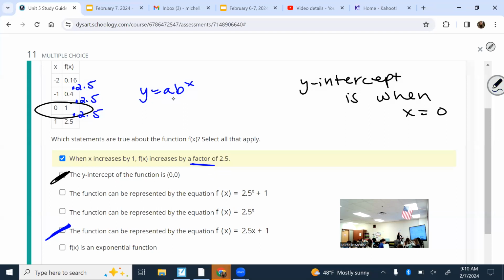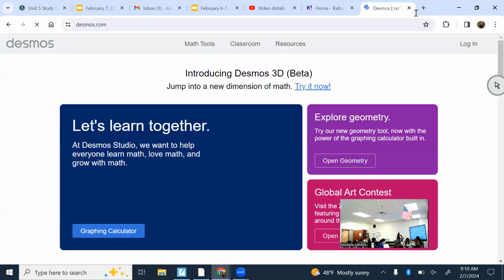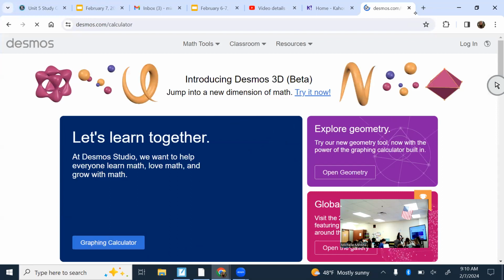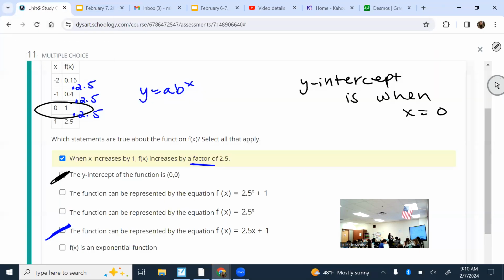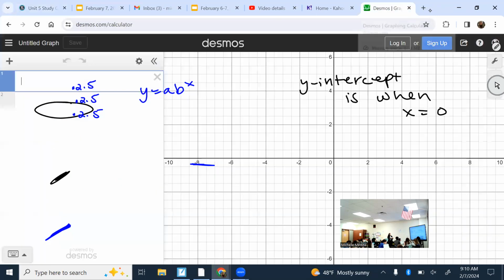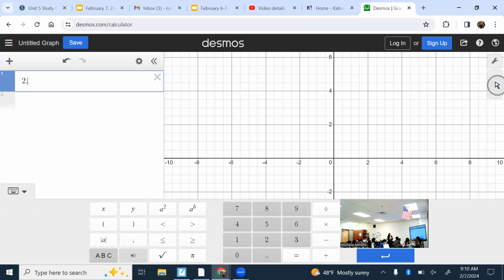So I'm going to plug in to the calculator. 2.5 to the x and 2.5 to the x plus 1. Okay, I'm going to plug in the 1.